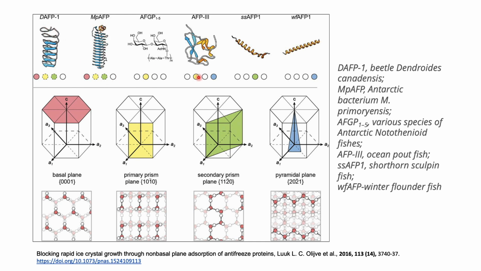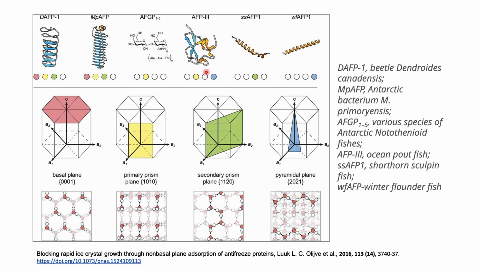So all the 3 can be inhibited by DAFP1. And when we look at MP, that is the Antarctic bacterium Marinomonas primoryensis, this is similar to DAFP1. This also prevents the ice growth by basal plane binding, primary prism plane binding and secondary prism plane binding. But when we look at AFGP, that is glycoproteins, they generally work on the primary prism plane only. That is why it is shown in the yellow color.